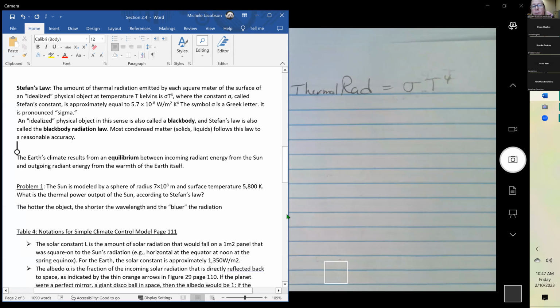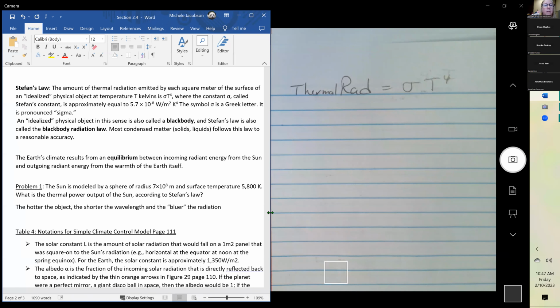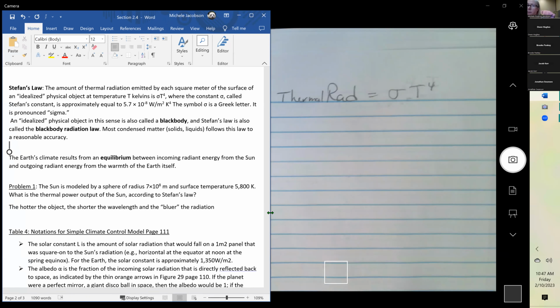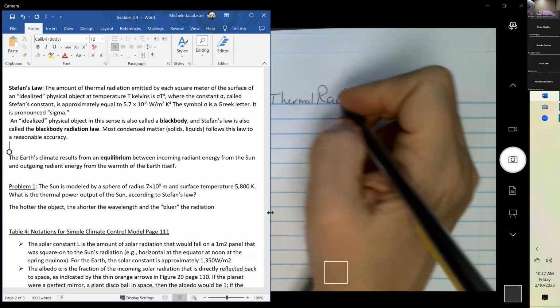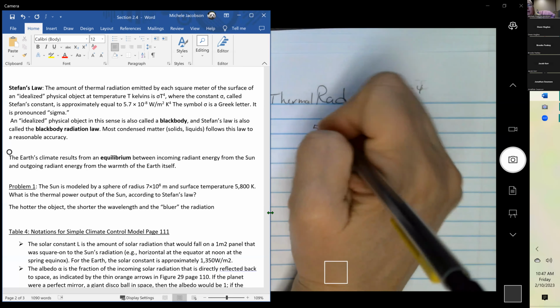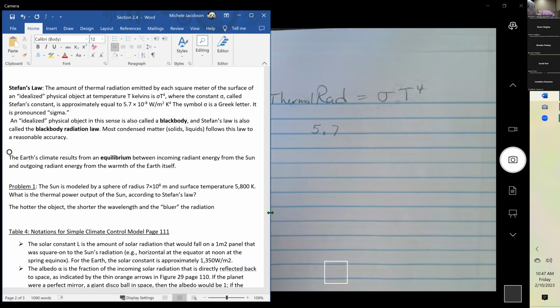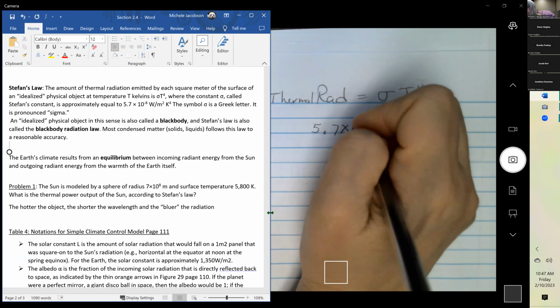And according to Stefan's law, we know what sigma is. It's the 5.7 times 10 to the -8.